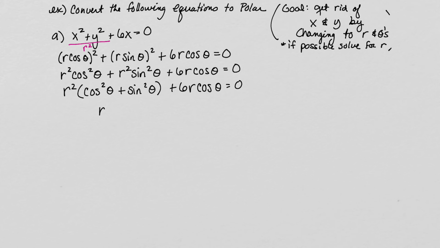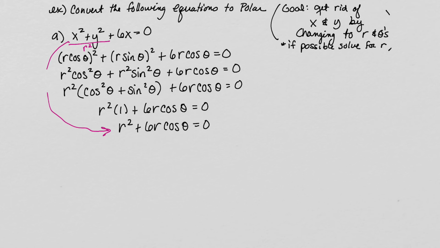So this is saying r squared times 1 plus 6r cosine theta equals 0, or r squared plus 6r cosine theta equals 0. You could have jumped right from the first line to this line if you use x squared plus y squared equals r squared. So that is technically a final answer.